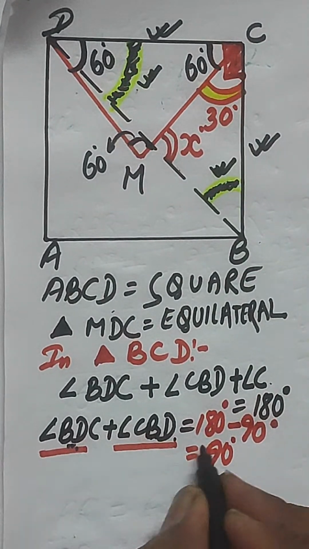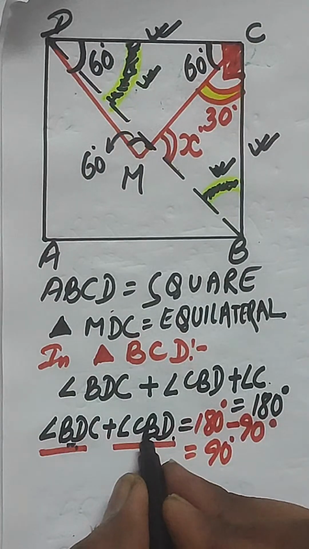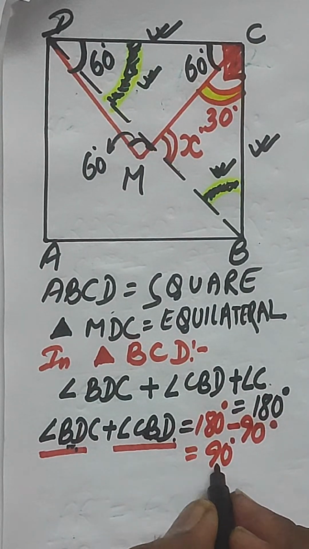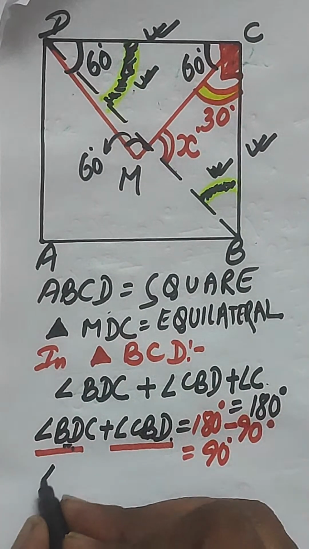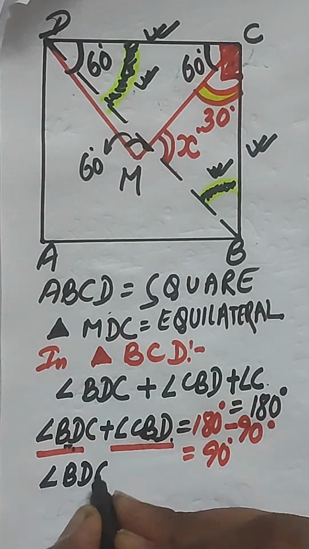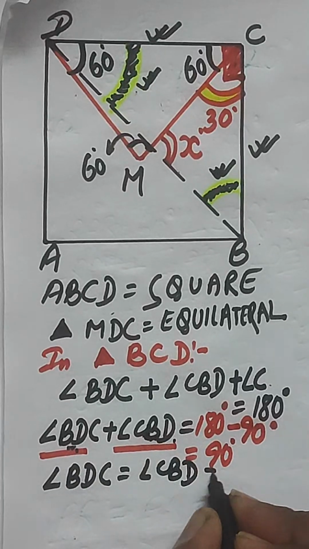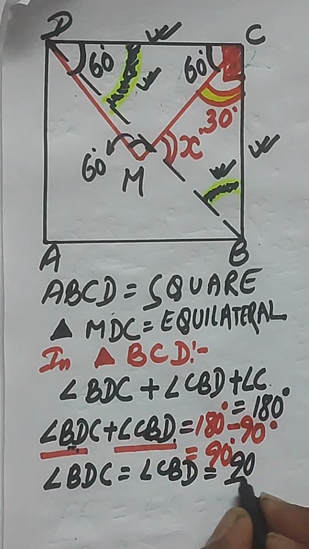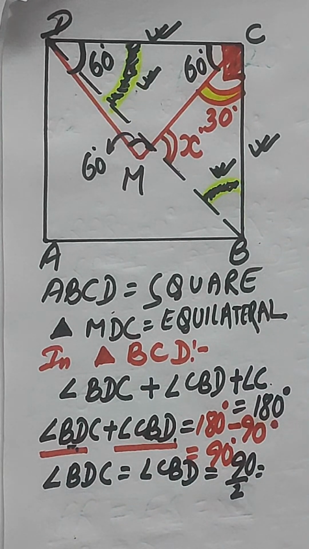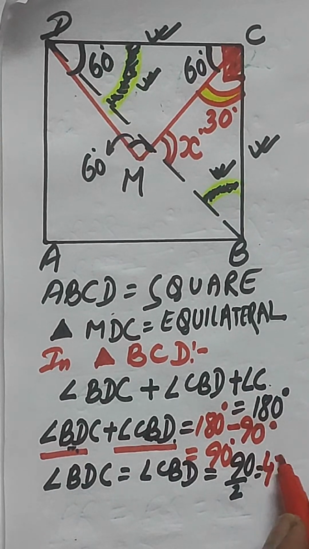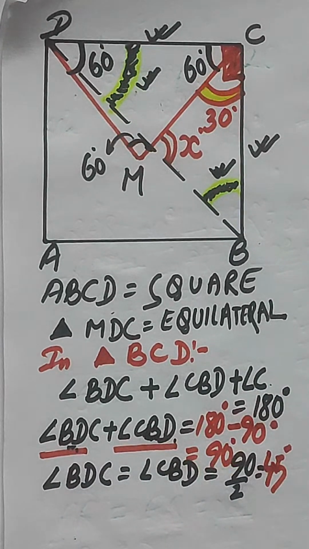So from here we can say that since both of these angles are equal and both sum to 90, angle BDC is equal to angle CBD is equal to 90 by 2, whose value is coming as 45 degree.